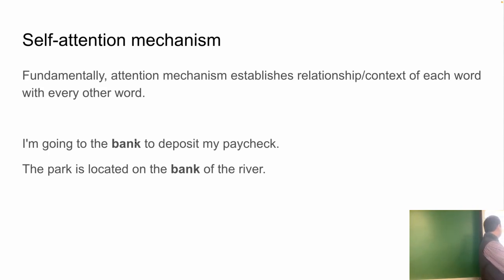Here, in the second, you will never confuse it with a bank with an ATM. It would always be a bank of the river. Why is that? It is because the context of this bank is established with the rest of the sentence. And that is how the attention mechanism works numerically. It establishes the context of each word, each token, with every other token of the sentence.